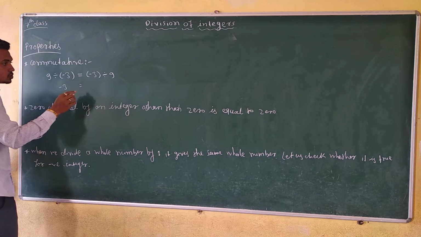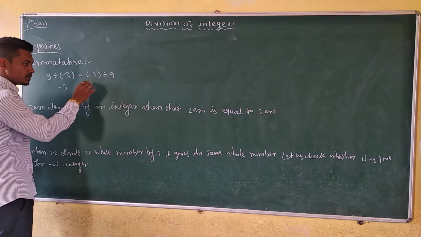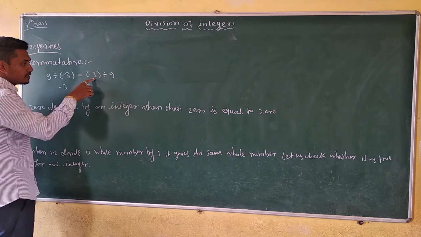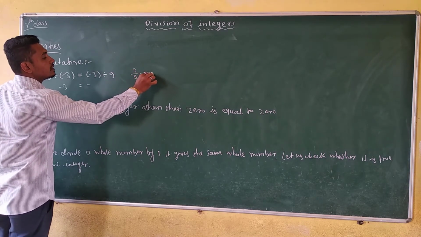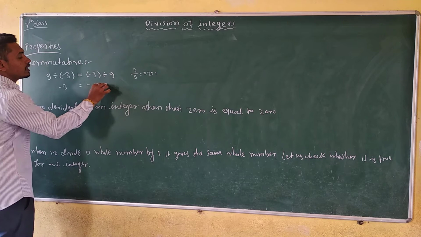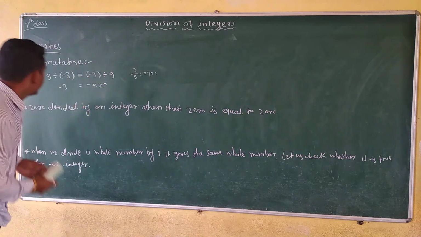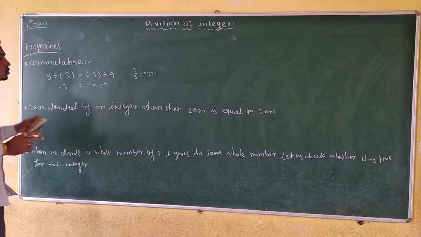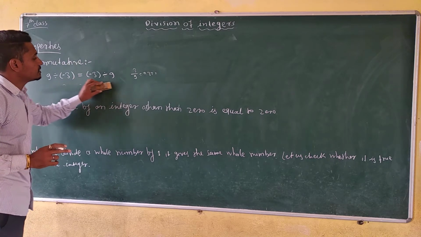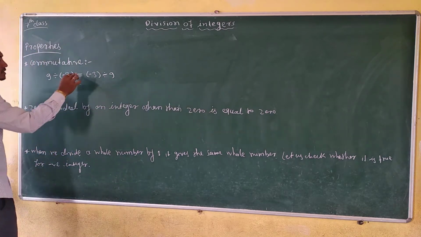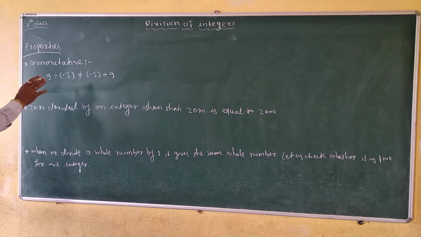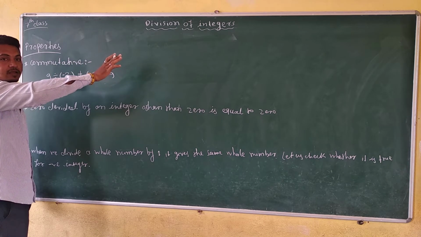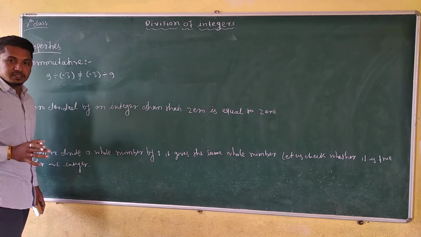And minus 3 divided by 9 is minus, 3 divided by 9, which is 0.333. So minus 3 is not equal to minus 0.333, is it right? So they are not equal to each other. So no commutative property exists in the division of integers.